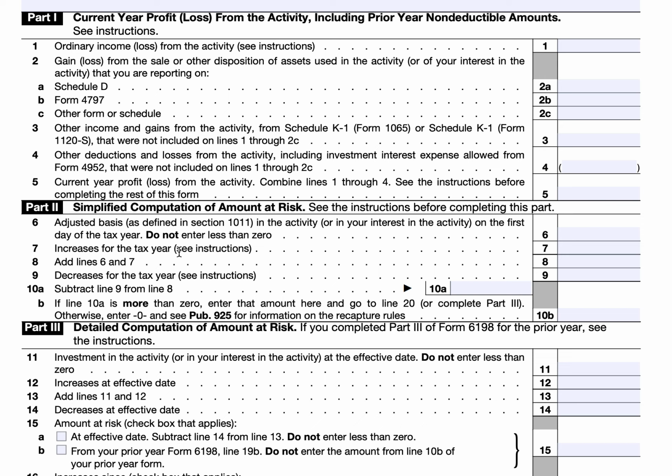So if you have any questions about qualified non-recourse financing, the form instructions do go into a little bit more detail, but quickly. Qualified non-recourse financing is financing for which no one is responsible personally for repayment, and either you borrowed it in connection with holding real property, the loan was secured by real property used in the activity.